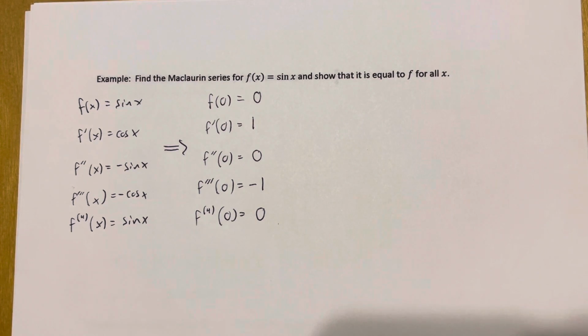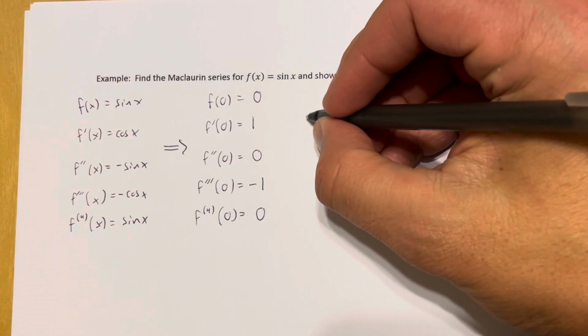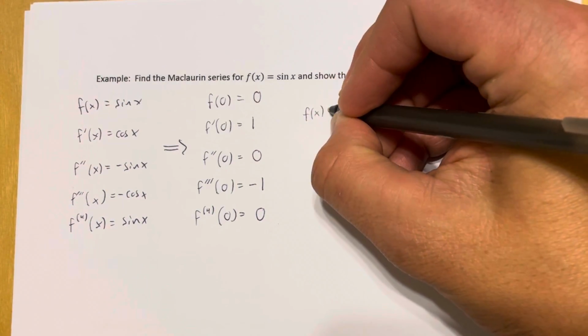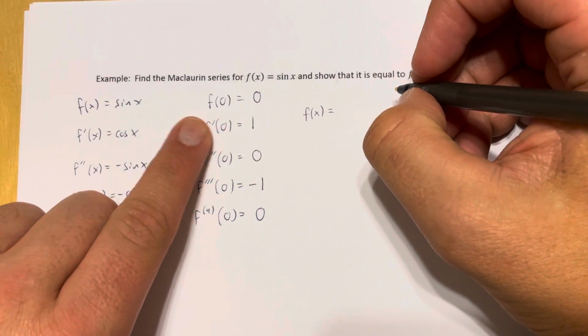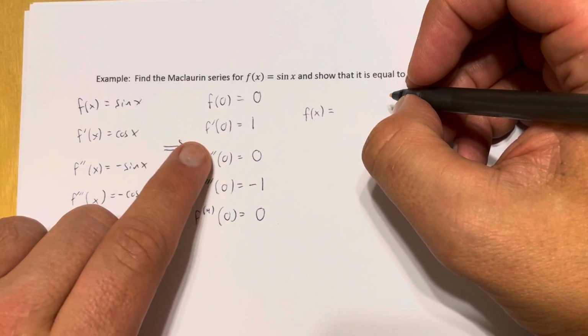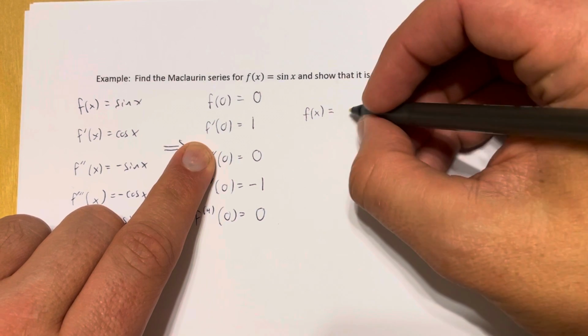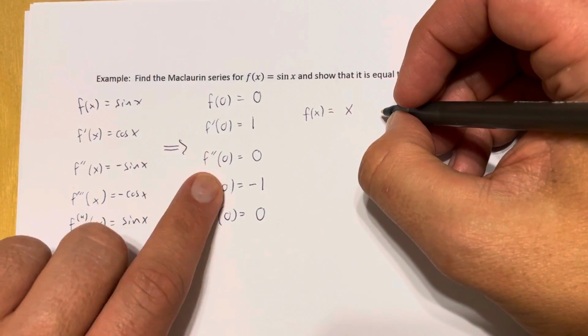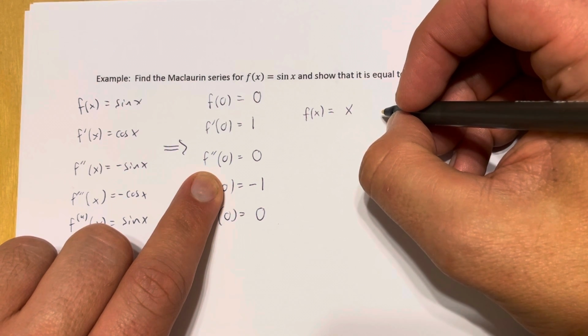So now if I want to write the Maclaurin series for this, I have f of x is equal to, well, my constant term would be 0, and then my x term would be 1. So that's x. My x squared term is going to be 0, so I'm not going to write it.